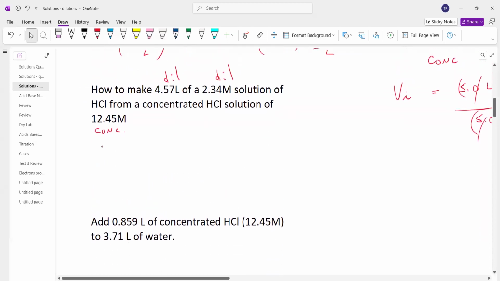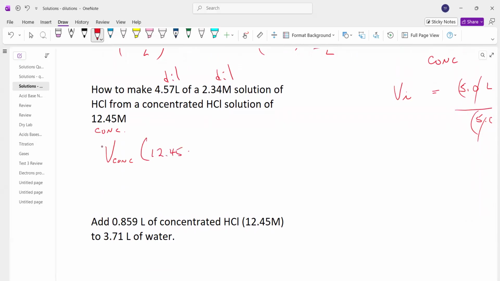Okay, so VC, we don't know how much of the concentrated acid. So that's the unknown. So we're going to leave it as that. Volume of the concentrated acid times 12.45 moles per liter equals the dilute volume, 4.57.